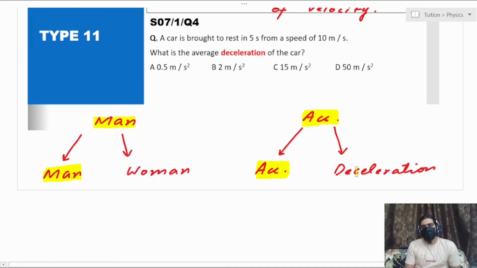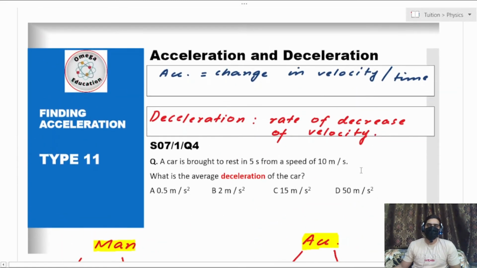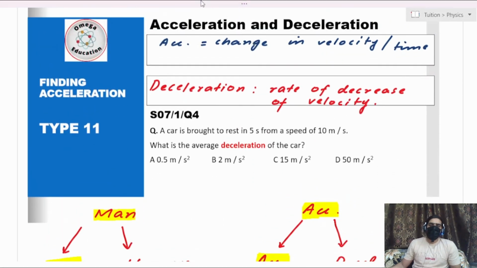But if we are referring to decrease in velocity, we call it deceleration. Now the thing is, if you're asked to find deceleration, you simply find acceleration and then change the sign of it. So deceleration equals negative of acceleration. So let's solve the question.